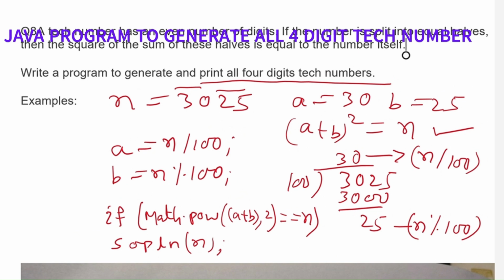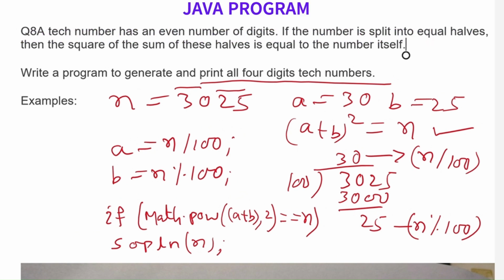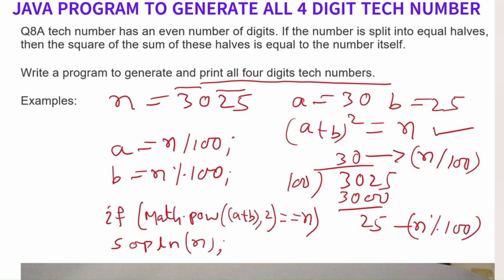Now to print all 4-digit Tek number, we have to write for loop. Here we have to write for int n equal to 1000, n less than equal to 9999.